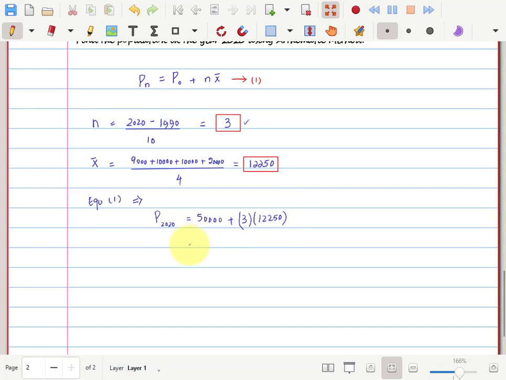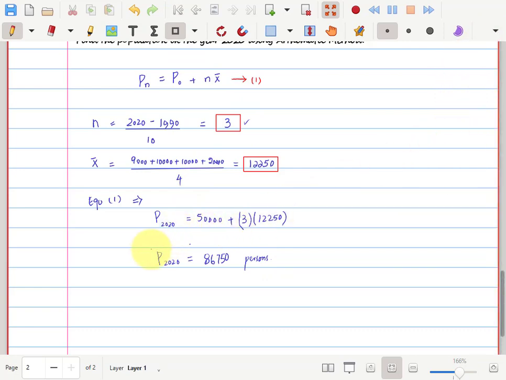Solve it and you will get the population for 2020 on the basis of the given data. So the population is going to be 86,750. So this is the population we got.